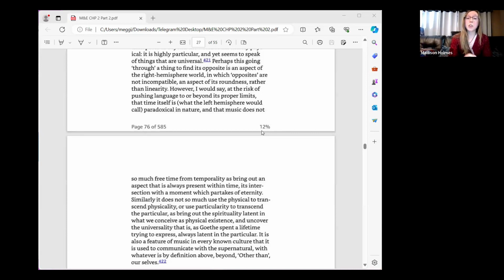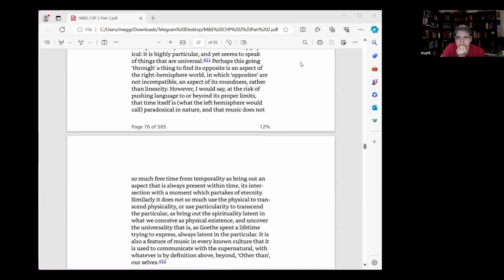Similarly, it does not so much use the physical to transcend physicality, or use particularity to transcend the particular, as bring out the spirituality latent in what we conceive as physical existence, and uncover the universality that is, as Goff spent a lifetime trying to express, always latent in the particular. It is also a feature of music in every known culture, that it is used to communicate with the spiritual, with whatever is by definition above, beyond, other than ourselves.